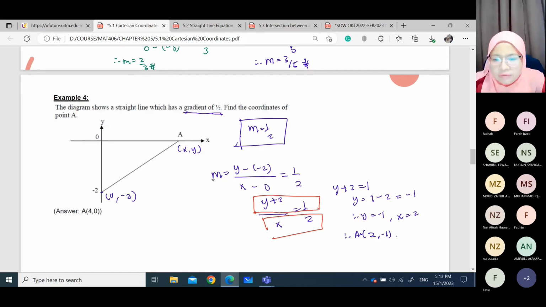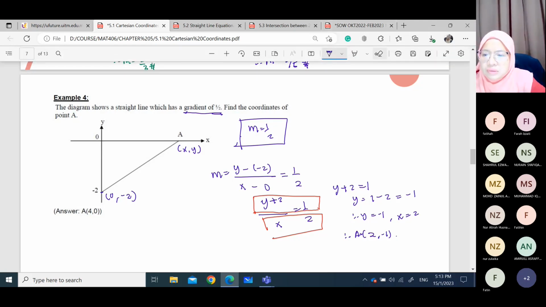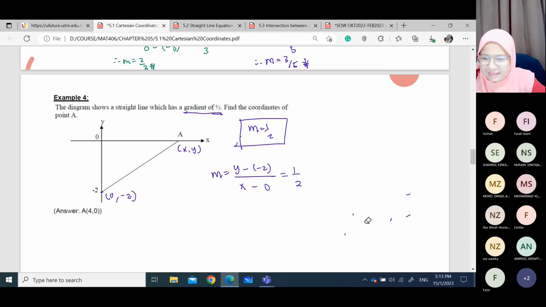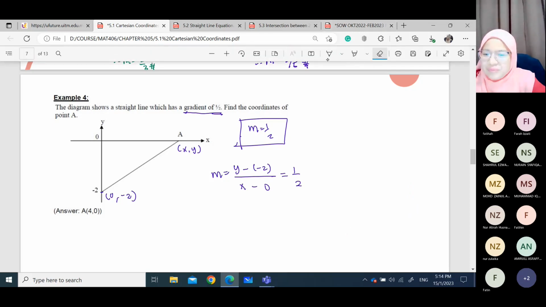The point is (0, -2). So y minus -2 over x minus 0 equals 1 over 2. Oh, I see. Okay, it is not like this. Sorry, that was wrong.